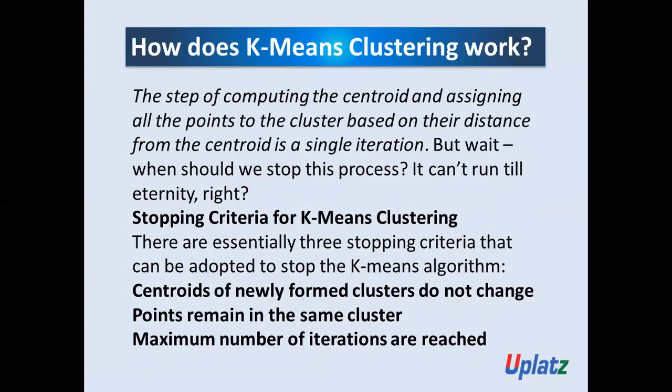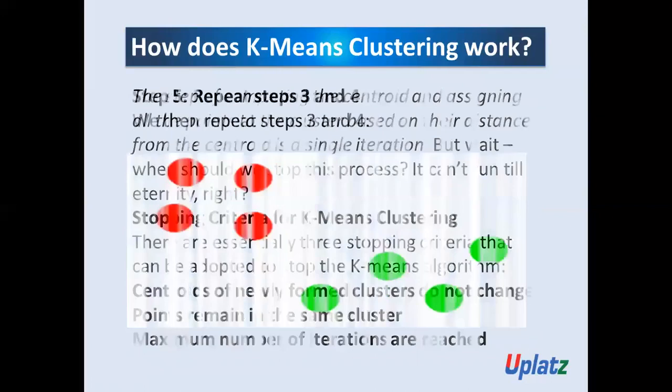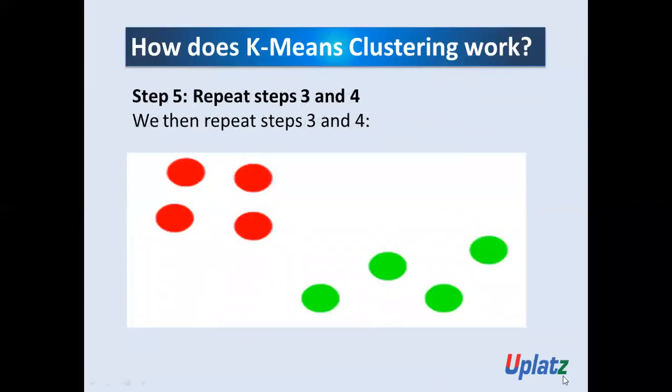The first one is that the centroid of a newly formed cluster does not change. Let's suppose you repeat steps 3 and 4, and you get this one, the first cluster and second cluster.